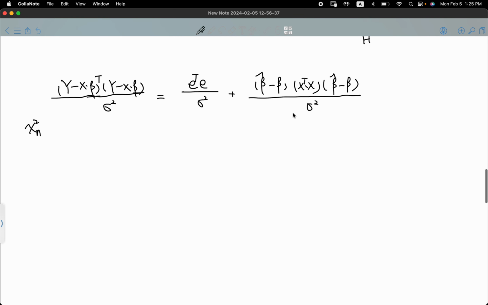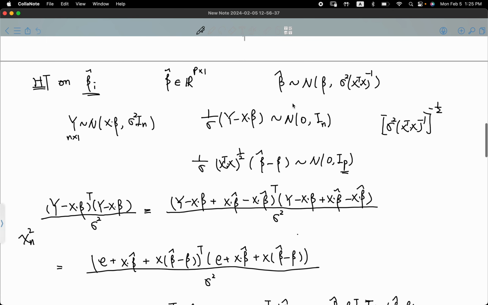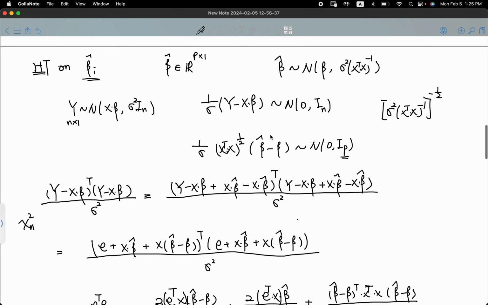So the question is, what is the distribution for this? And we have actually seen this earlier, which is coming from here. So we have that is a standardization for a p-dimensional multivariate normal.